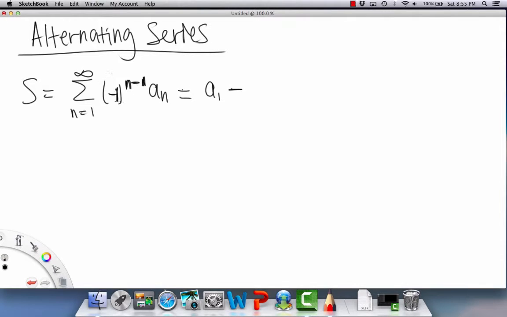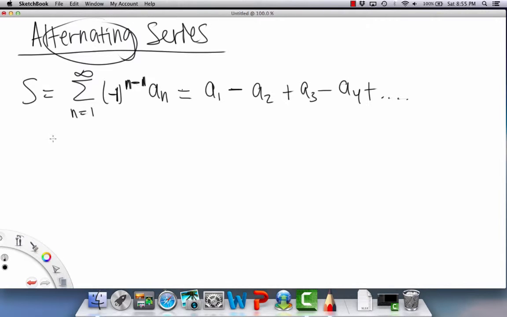And then this -1, this factor in front, is going to alternate the sign in front of each term. So then we have a plus, minus, a plus, a3, minus, a4, plus, and etc. All the way on to the infinity term.